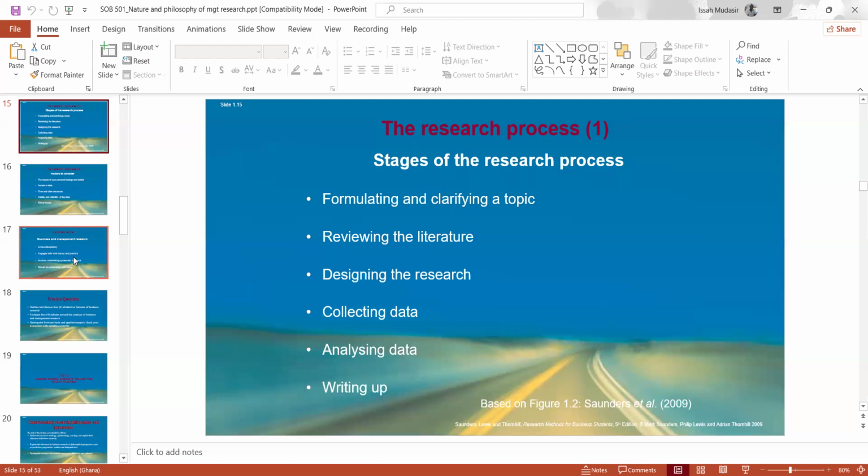So we have a lot of that pertaining. When you go through the literature very well, you'll find that in the topic that you are interested in, there may be a lot of gray areas or areas that nobody has ventured into, and that is where you will come in. Then you have to design the research.